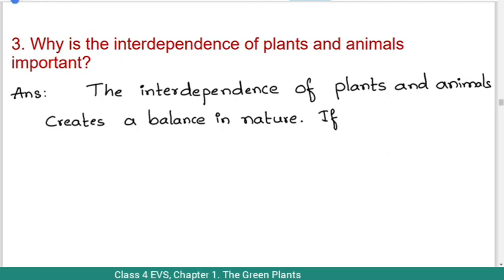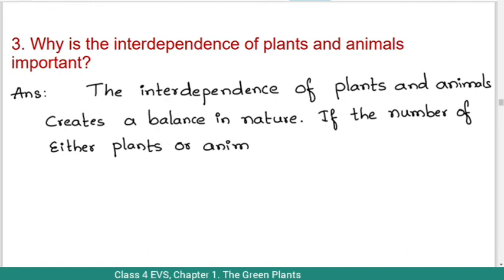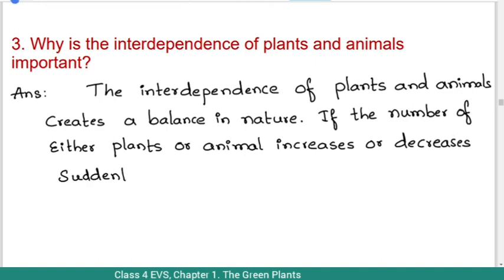If the number of either plants or animals increases or decreases suddenly, the balance will be disturbed.